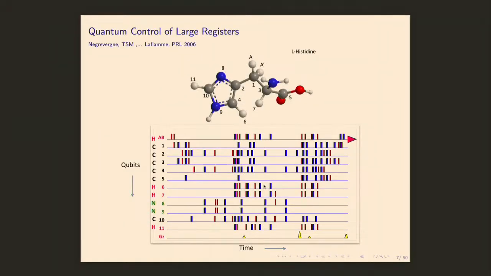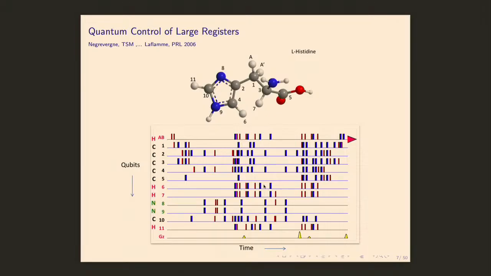Okay, for example, this is an implementation of a quantum algorithm on a 12 qubit system. You can see that there are 12 qubits, and these are all different RF channels and they all have different frequencies. So for each nucleus, for example 9, I can address it by this frequency.